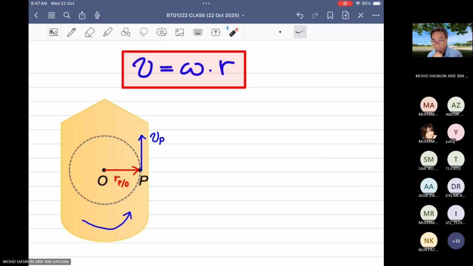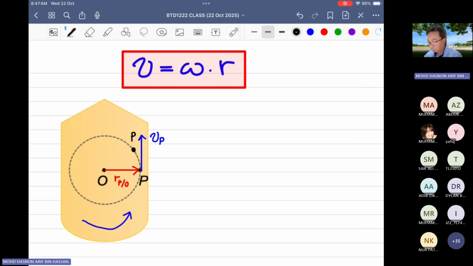All right. So in this case, for example, let's say point P has now traveled to here. Let's call this another point P, there.